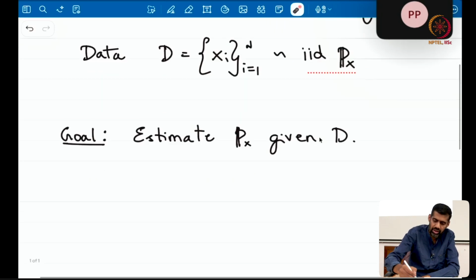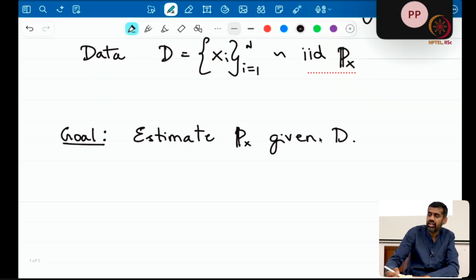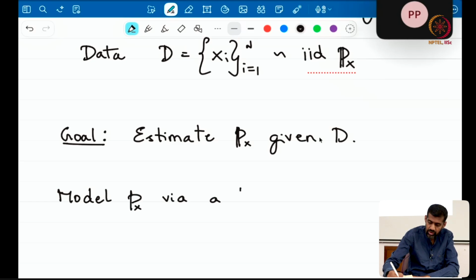I also told you that one of the most famous ways of doing it is to model P x via a latent variable distribution.